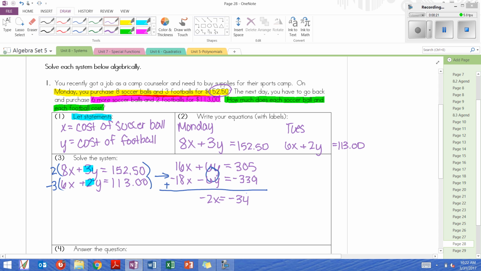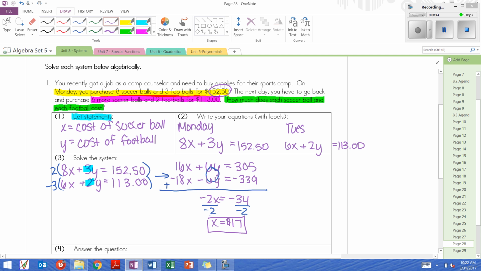Then our last and final step is to figure out what x is. So we have to divide both sides by a negative, which I'm thankful for, because otherwise I get a negative number or a negative cost of a soccer ball, and that would be weird. We have to figure out where the mistake happened. We find that x is equal to $17.